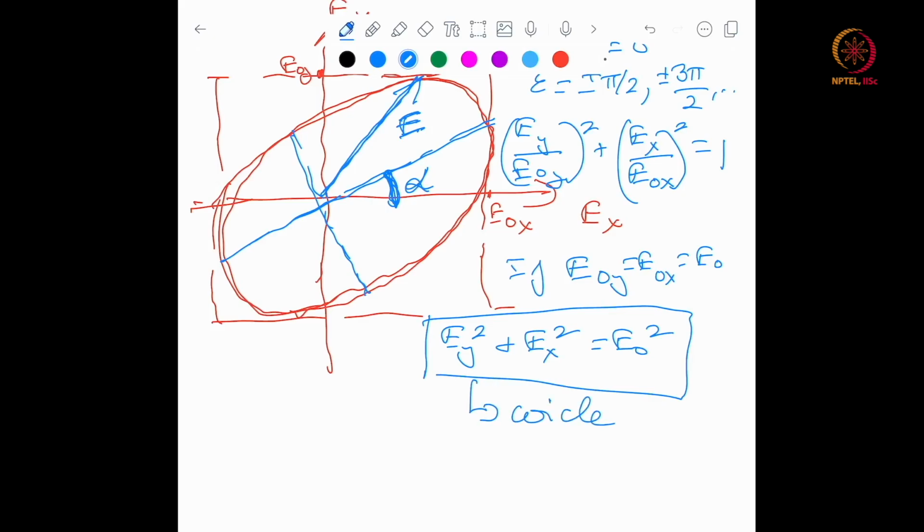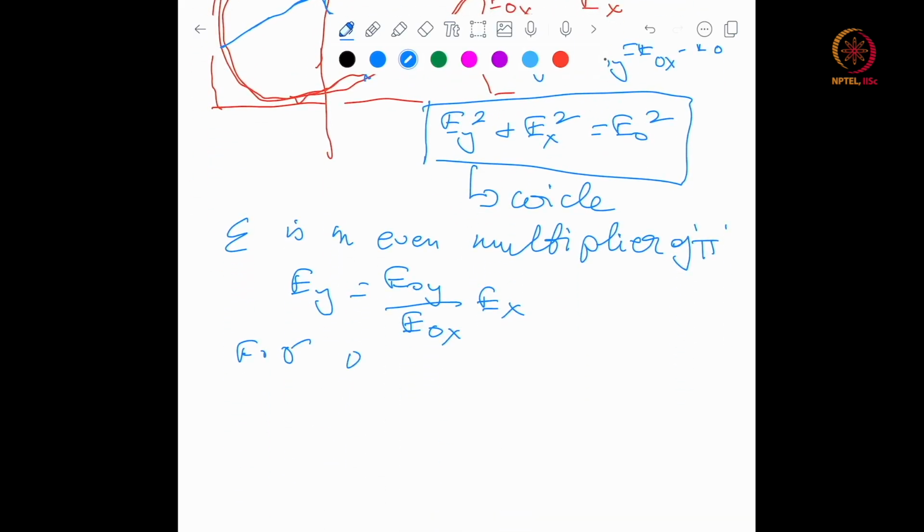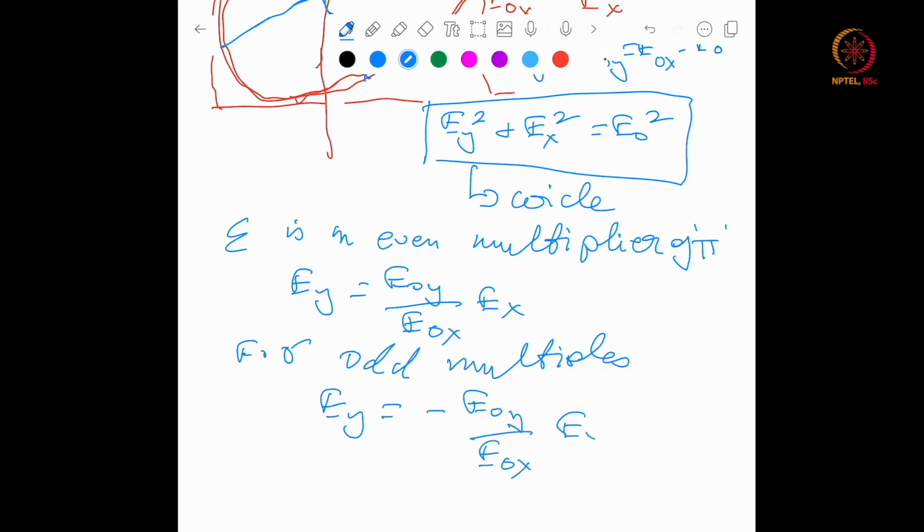Okay, so if epsilon is an even multiple of pi, then this results in Ey equal to E0y divided by E0x into Ex. And for odd multiples, this is equal to Ey equal to minus E0y by E0x into Ex.